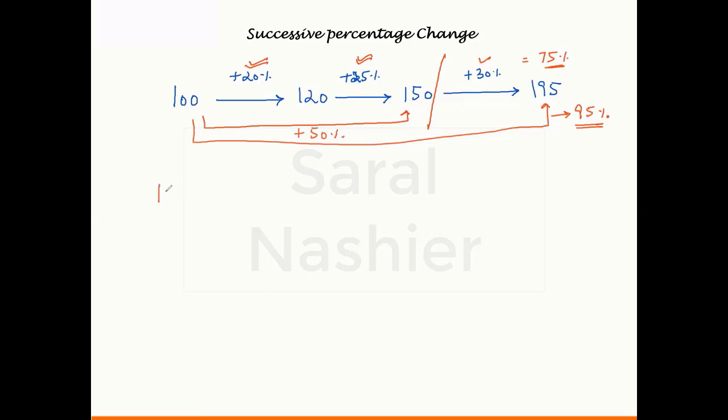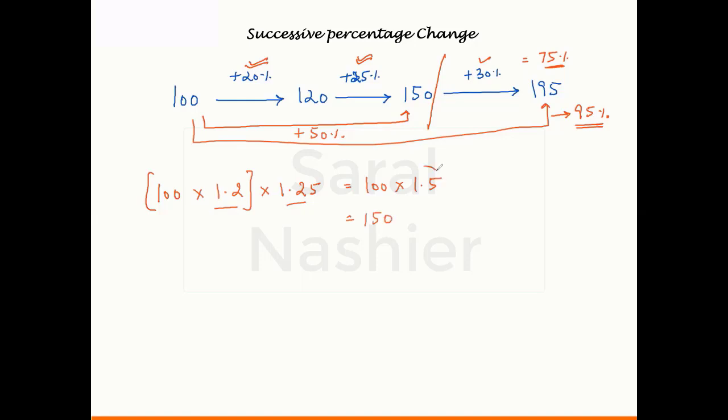First, if 100 is increased by 20%, it must be multiplied by 1.2. We have already discussed it previously in our previous sessions. And whatever value comes now, this value is further increased by 25%. So now it must be multiplied by 1.25. So 100 into 1.2 into 1.25, they multiply to give you 1.5, and this value is 150.